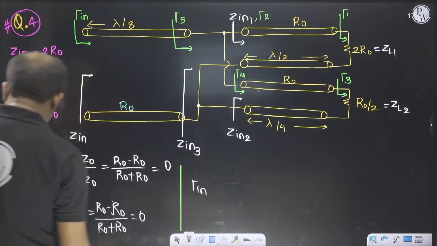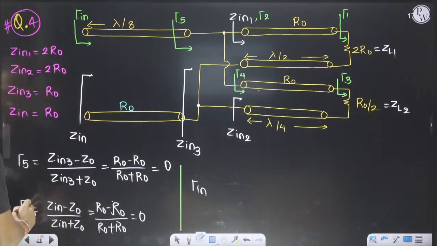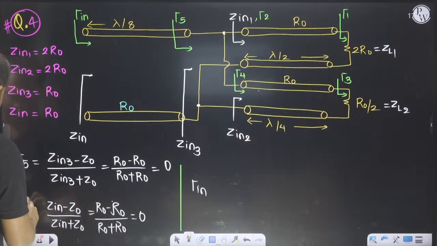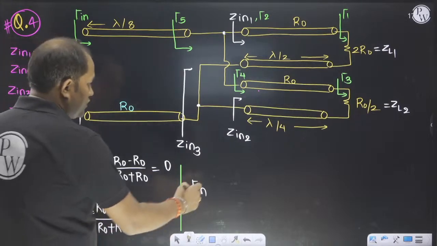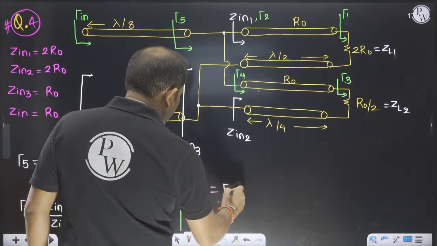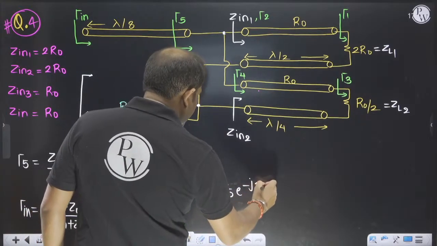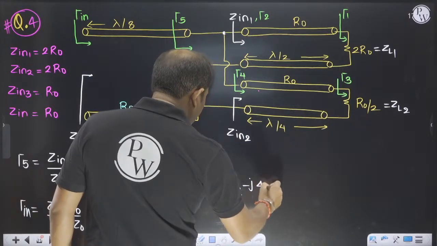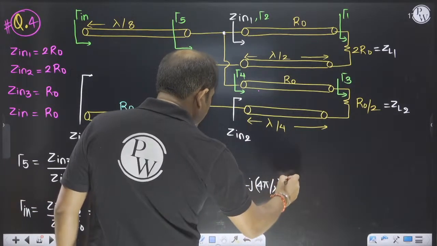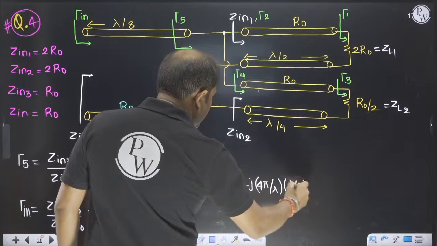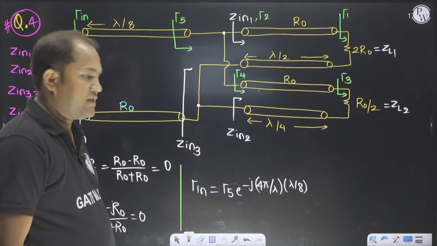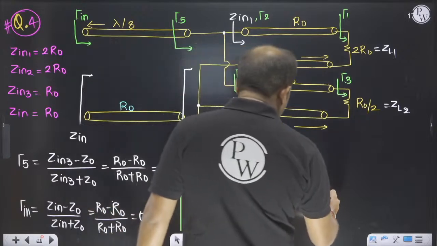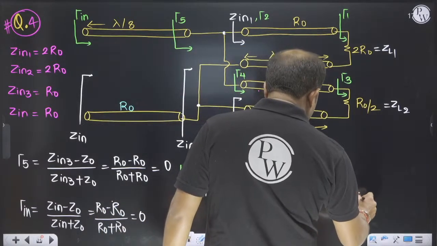Gamma in will be gamma 5 at a distance λ/8, so 4π/λ into λ/8. λ/8 means π/2, and π/2 means minus j.